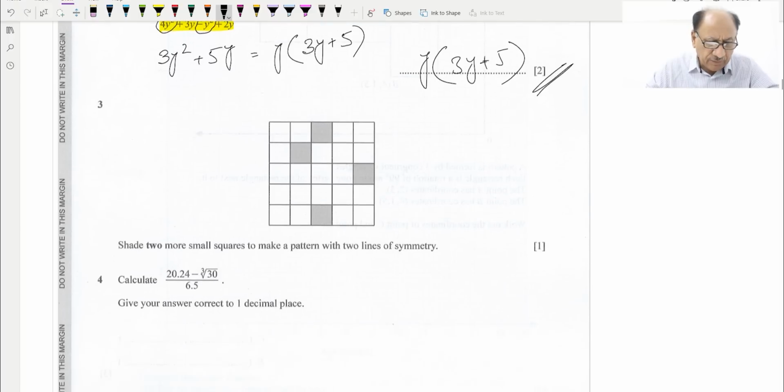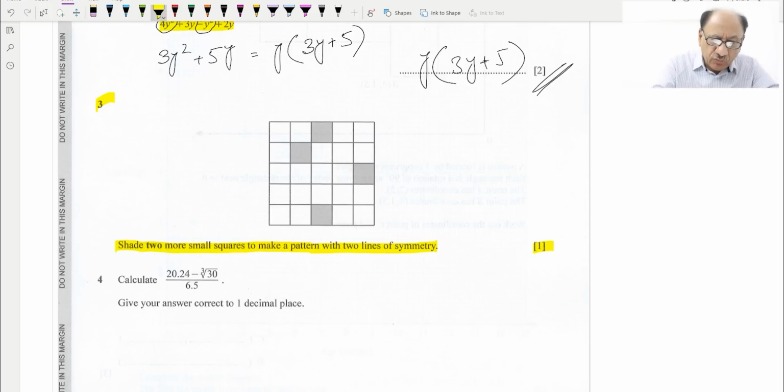Hopefully you understood this. Now question number 3, a diagram is provided. This is also 1 mark. Shade 2 more small squares to make a pattern with 2 lines of symmetry.